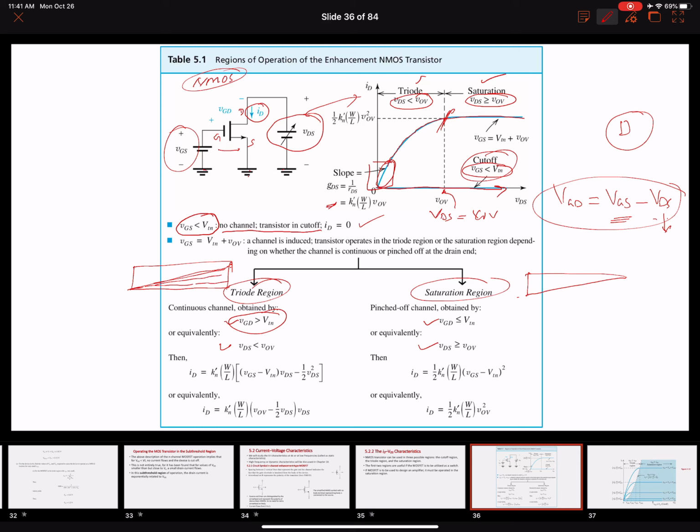Here are the equations that are relevant for this. Over here, for example, this is the equation for the drain current for the saturation region. Here's the equation for the drain current for the triode region. This slide provides a very good summary and all the relevant information and equations in one place.